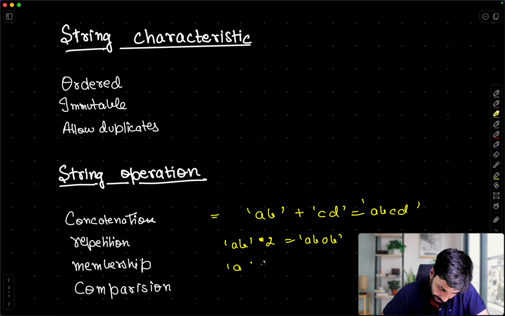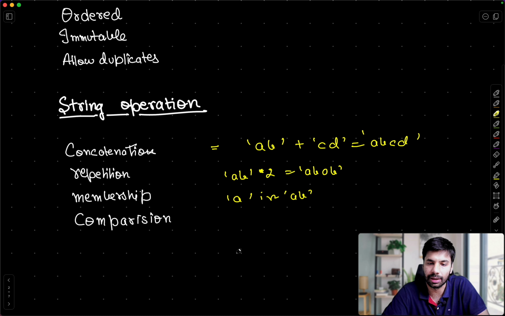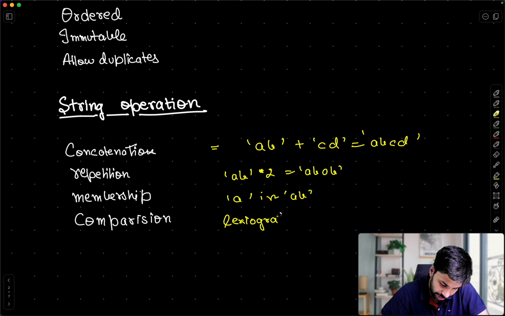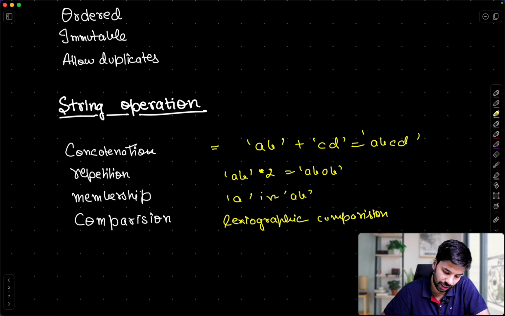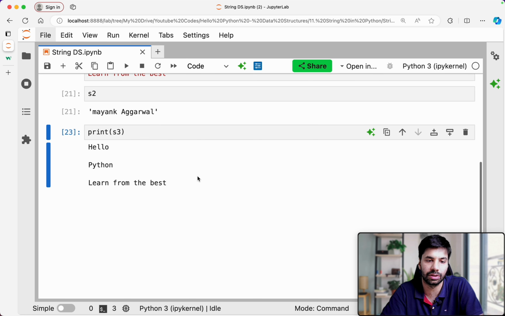Membership as well: A in AB, and you get your answer as true or false. So we already know the membership operator. And comparison: we have lexicographic comparison, if I remember right, and that will be helpful to us. All these things have just been discussed. I wanted to run it by you again so that you have a proper idea of how strings compare to other data structures.